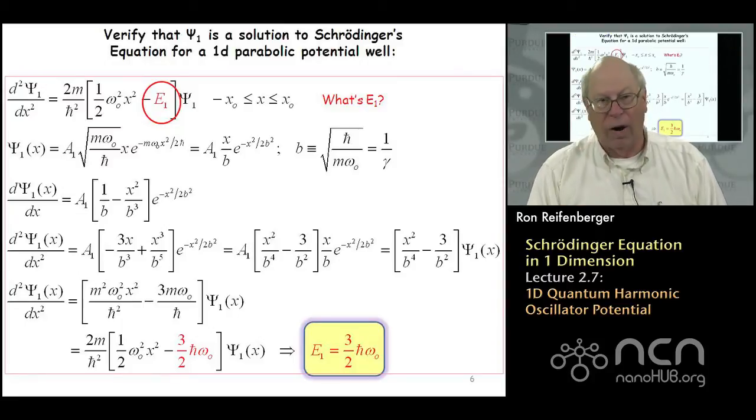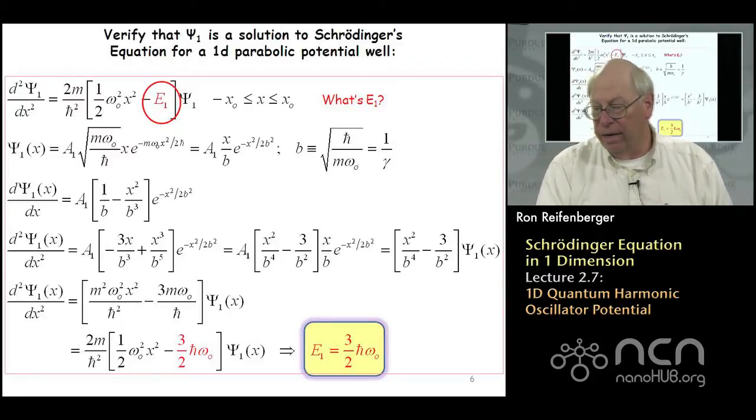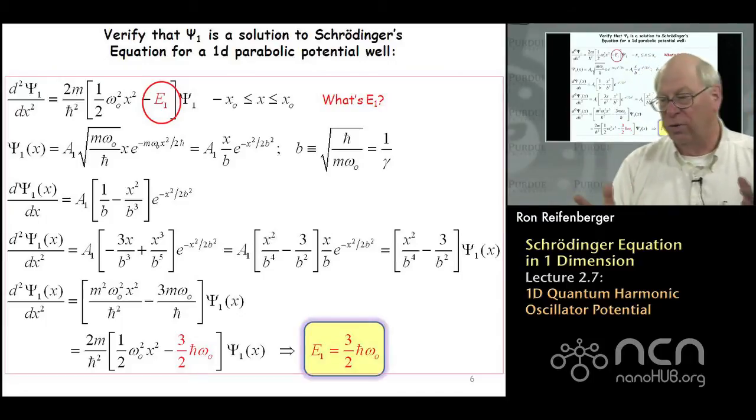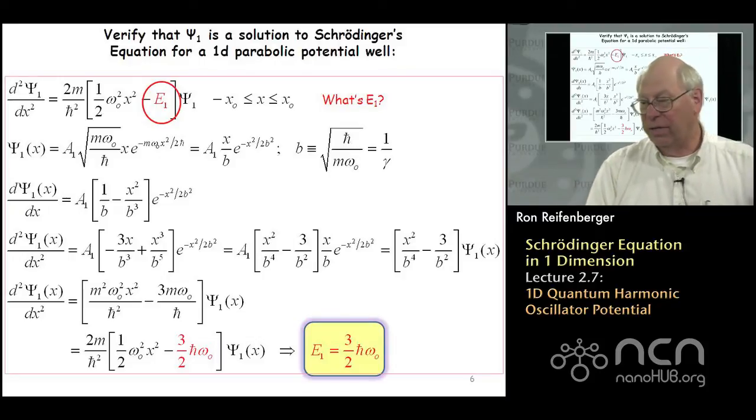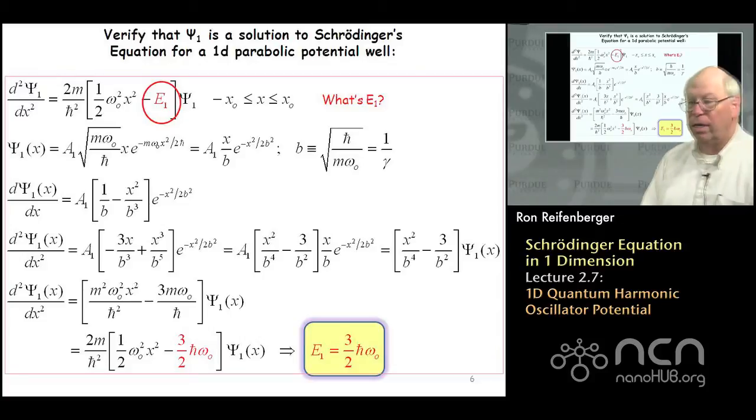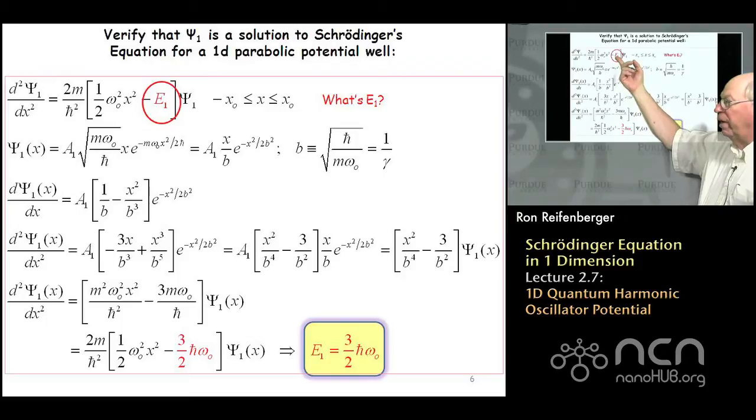I think it's worthwhile to verify that these proposed solutions do in fact satisfy Schrödinger's equation, and so that's what I work through in this slide. I take the n equals 1 solution and plug it into Schrödinger's equation. The energy for this n equals 1 solution is going to be subscripted by the index 1 to correspond to the n equals 1 quantum state. And the issue is, with those known solutions, what is the allowed energy E1 for this first quantum state?